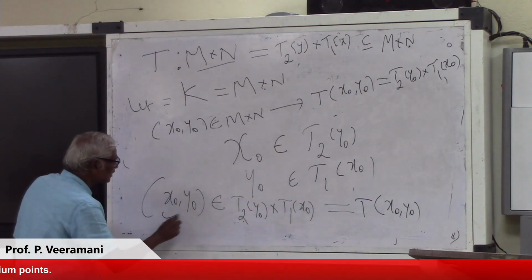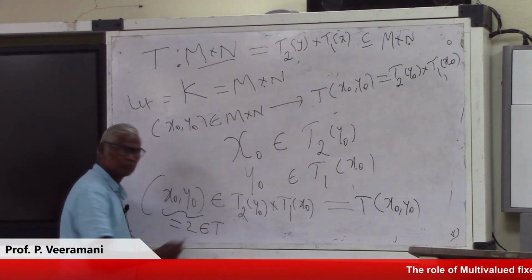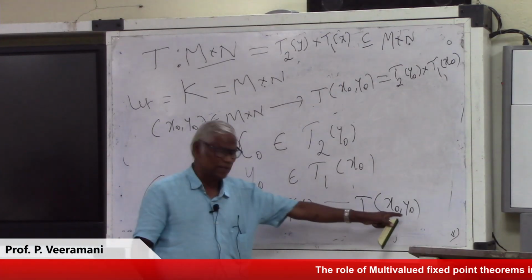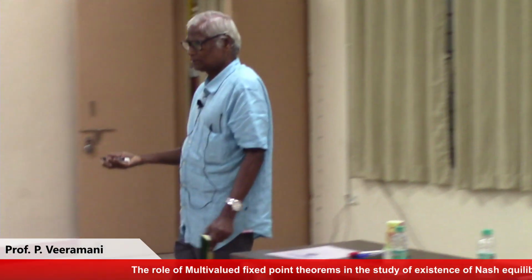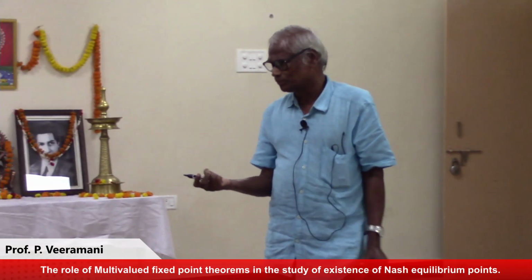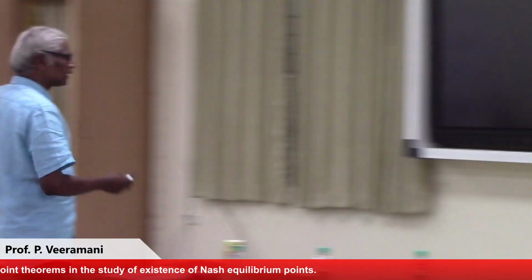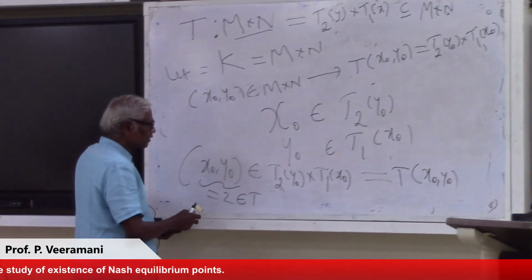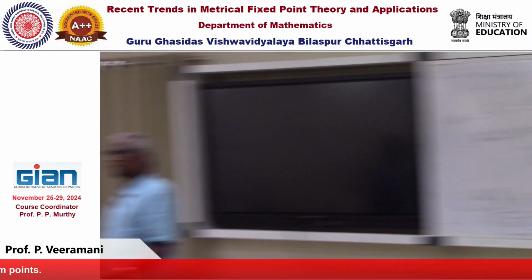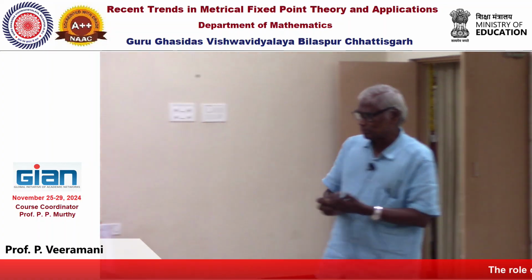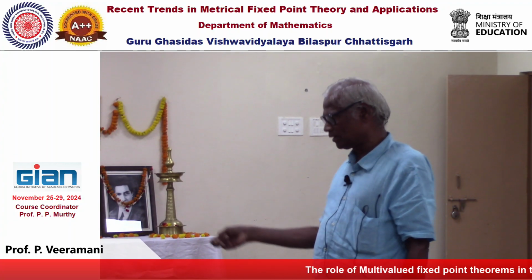See, this is like together some z. That means Z belongs to T of Z, where the ordered pair x naught, y naught is an element of the space R cross R, which we call Z. For each element in the domain, the image is a non-empty subset, so that is a multivalued map.